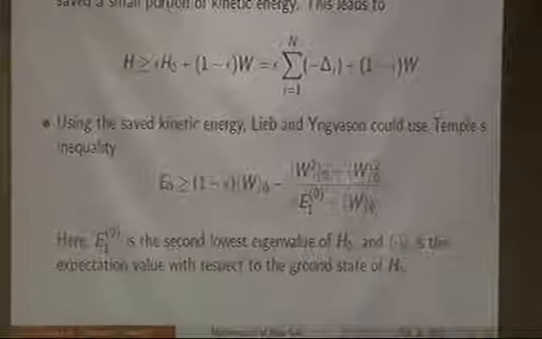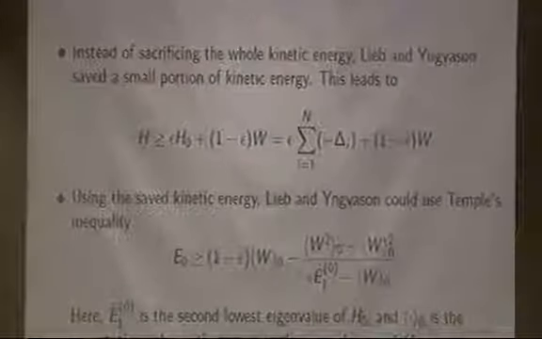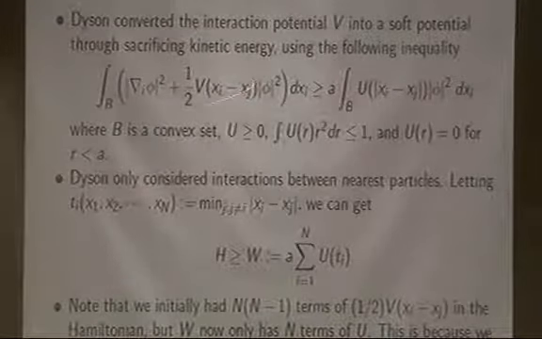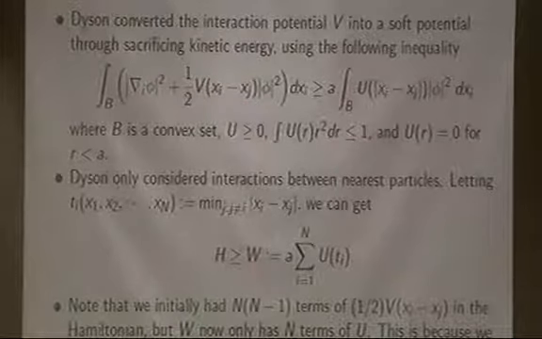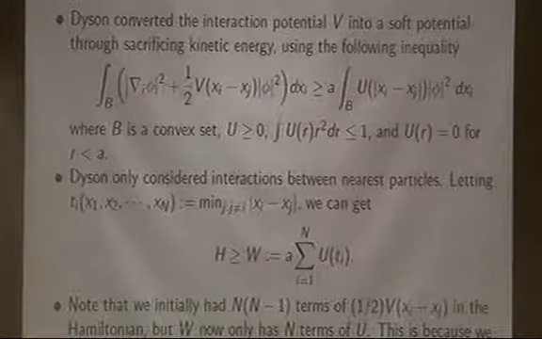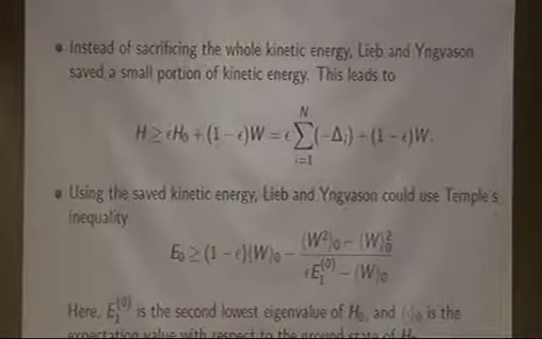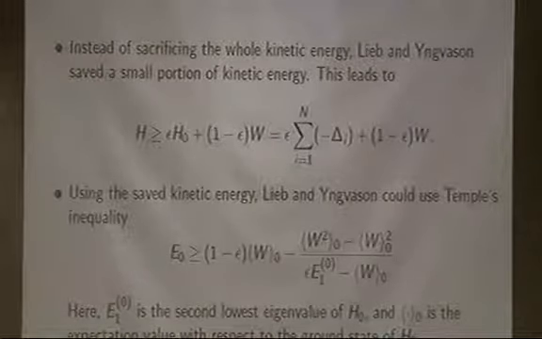And Lieb and Seiringer in 1998 used a different idea. Anyway, if we use this argument and sacrifice all the kinetic energy, we cannot use perturbation because we don't have any kinetic energy. So what they did was to keep a little portion of the kinetic energy, epsilon, and convert everything else into this W with the new interaction potential.